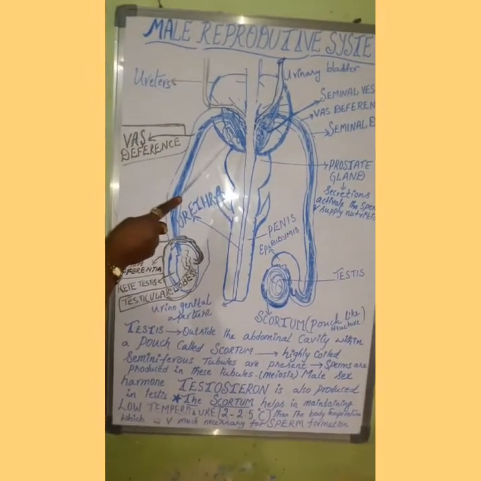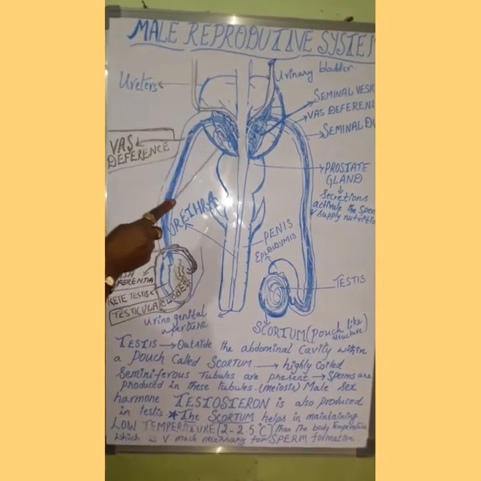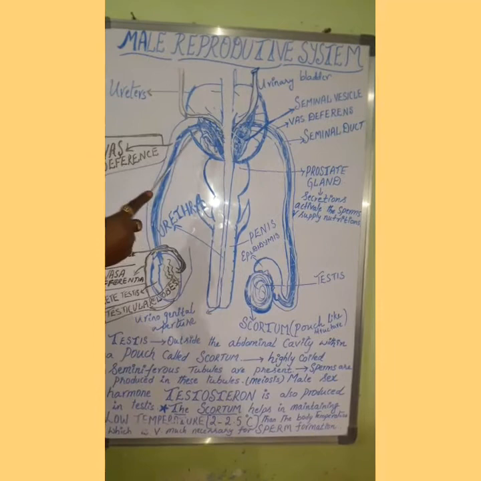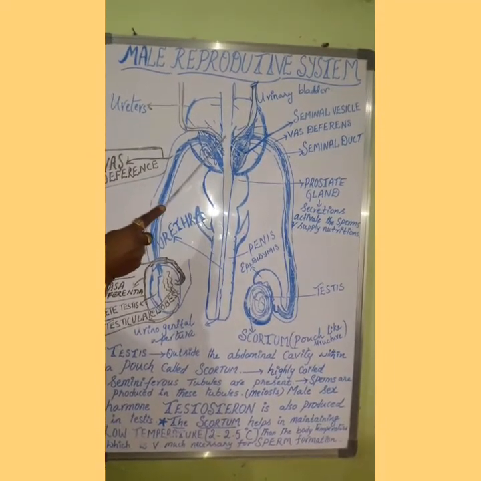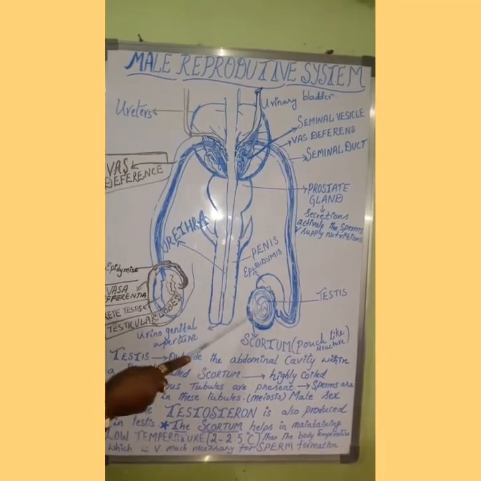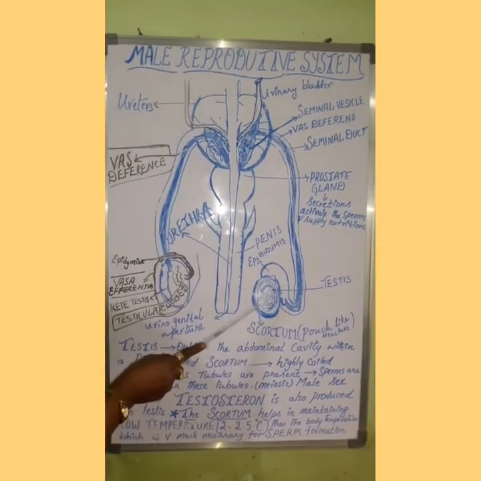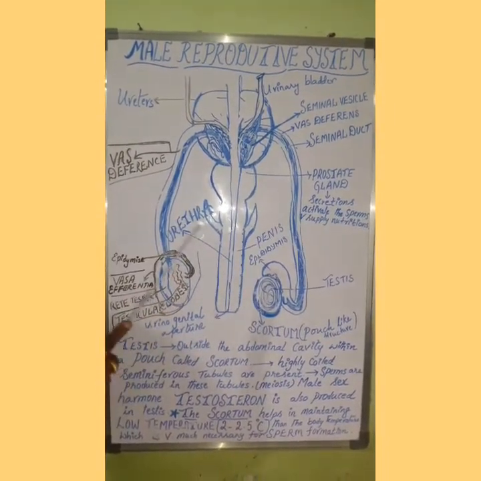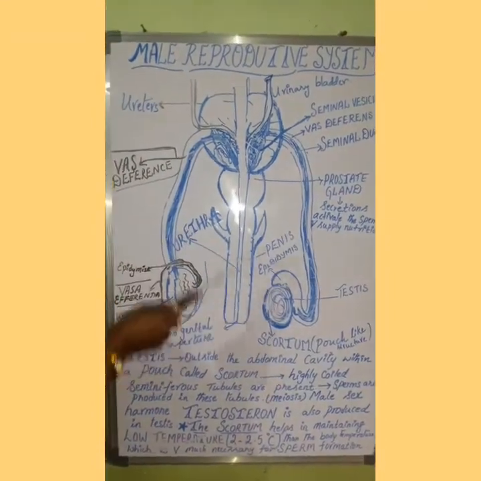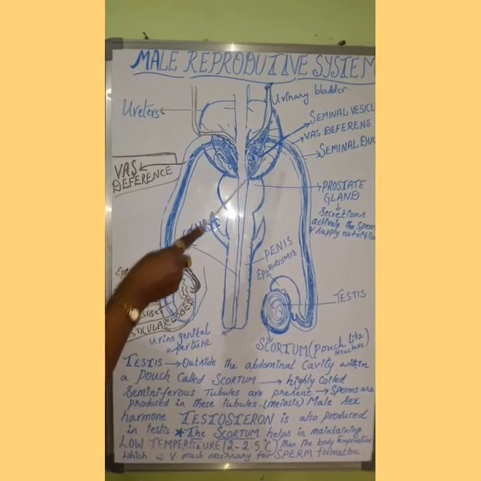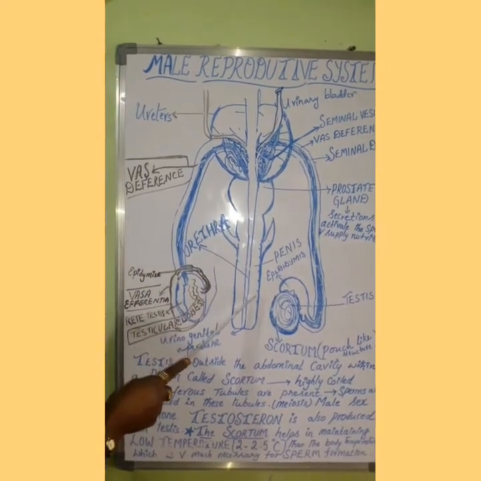The seminal plasma along with the sperms is called semen. The sending out of semen from the male's body is called ejaculation.